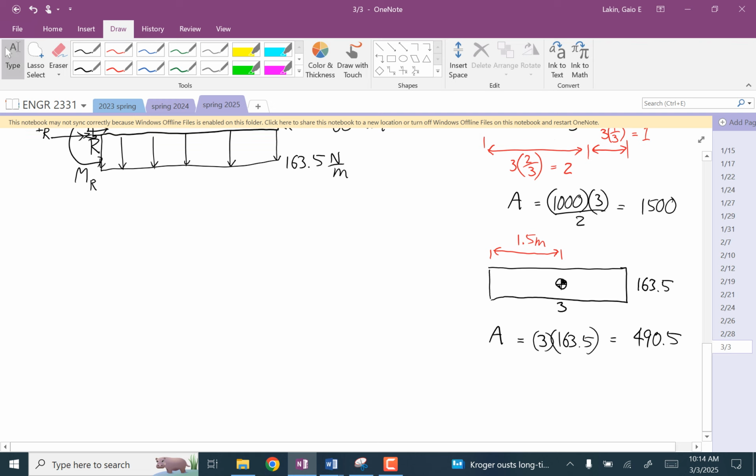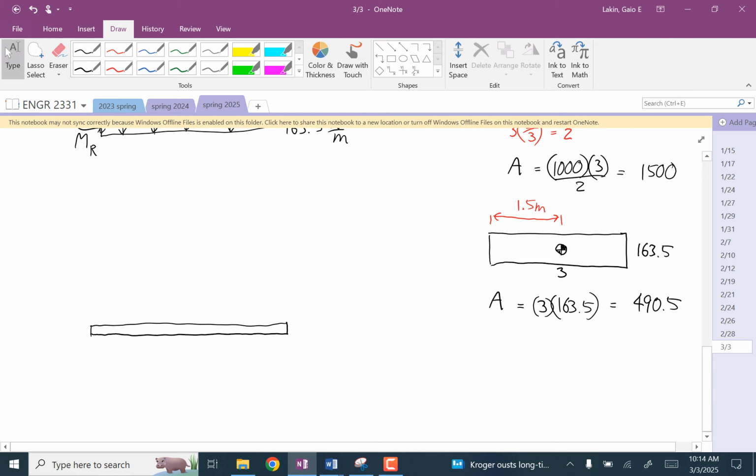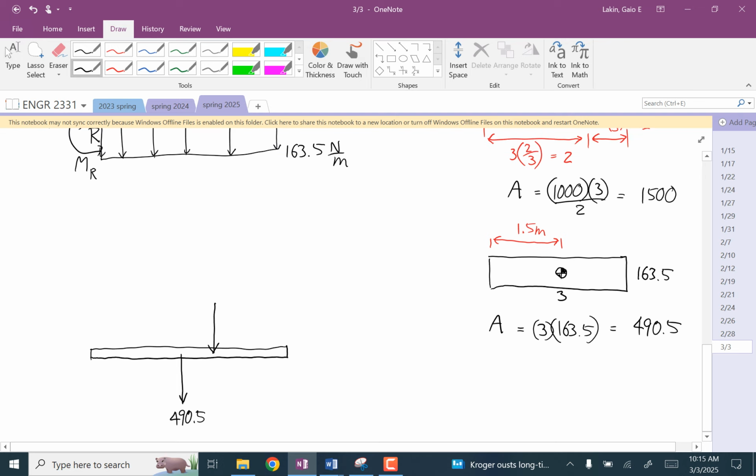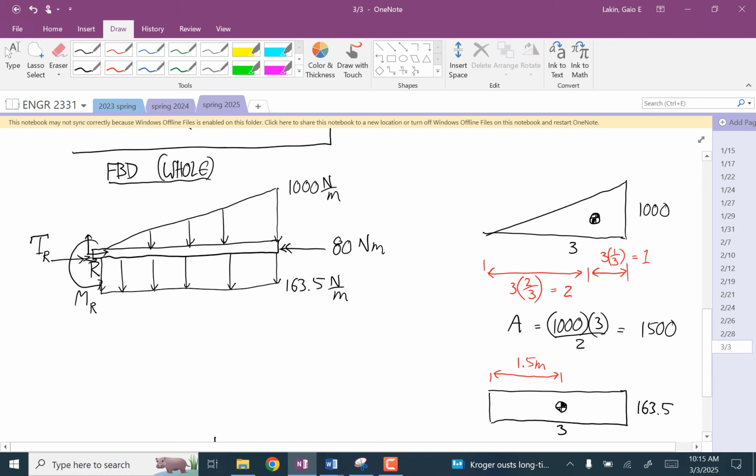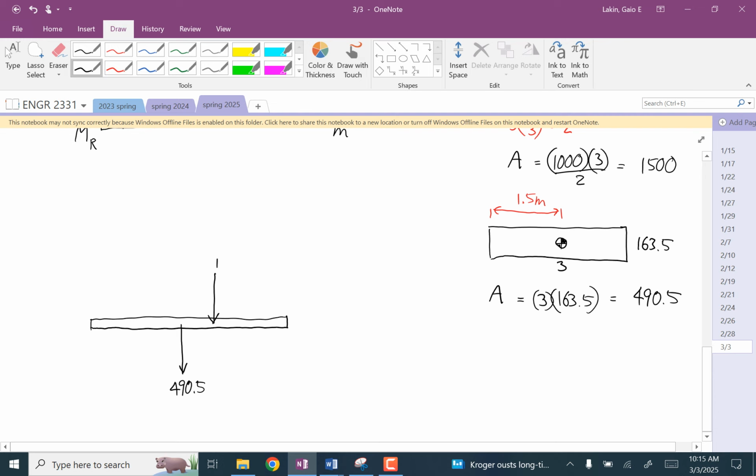And now I can redraw the free body diagram. At the middle, we have a downward force of 490.5. Two-thirds of the way from the end, we have a downward force of 1,500. Then we have the external loads from the wall.